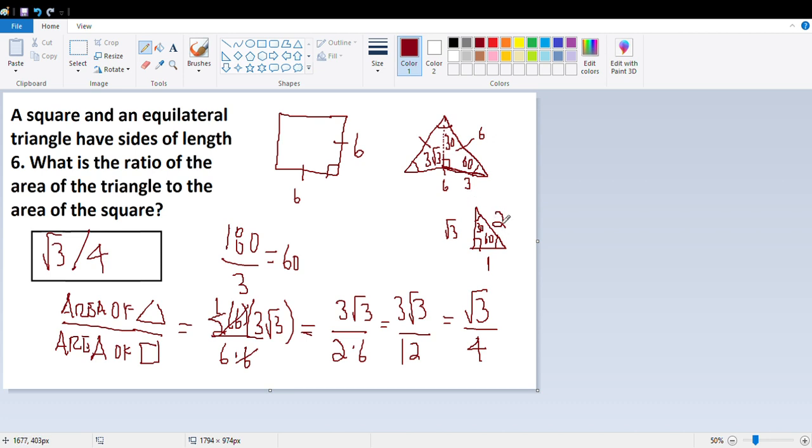We got this 2 and multiplied it by 3 and got 6. And therefore the height must be radical 3 times 3. Once I know the height, I plugged it into the area of the triangle, 1/2 base times height. In the bottom, we have base times height of the area of the square. And then now it's just reducing into a simplified form of the fraction.